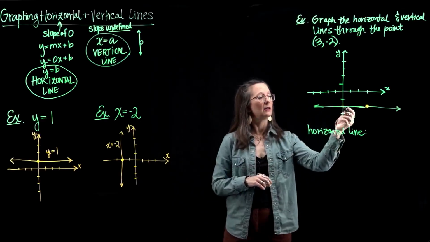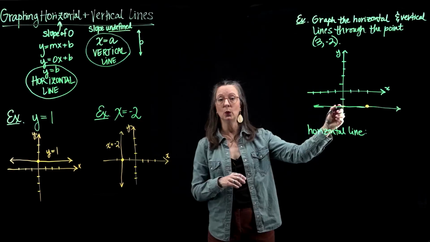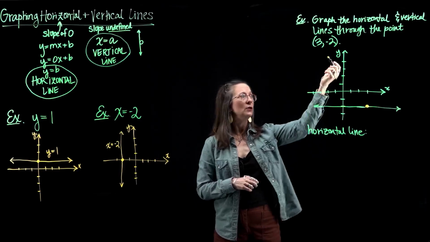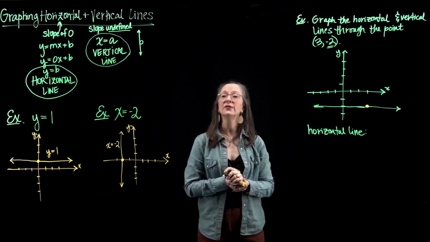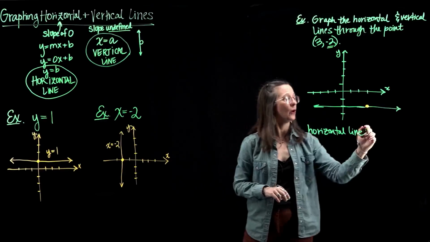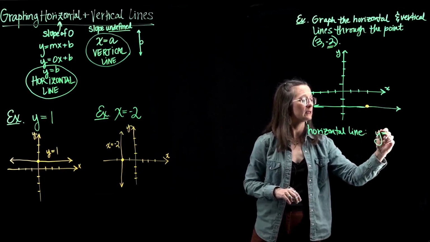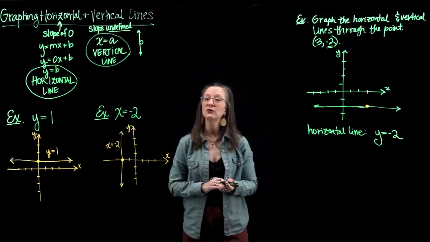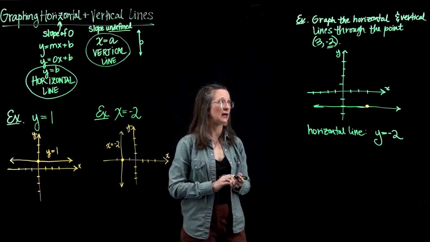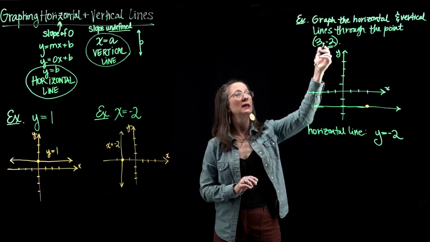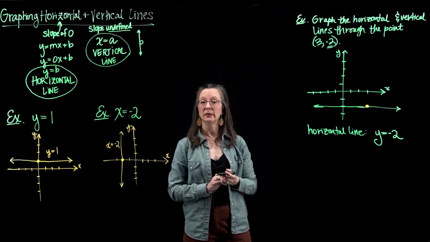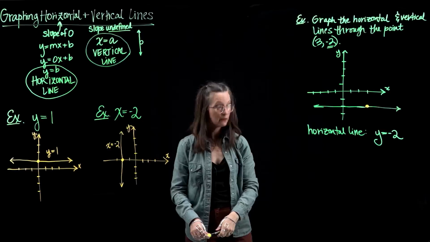I'd be able to tell that this is going to touch the y-axis at -2. Notice that the y-coordinate of the point is -2, and those connect on purpose. The horizontal line through that point is y equals -2. We know it's y equals because it's a horizontal line, and it refers back to the y part of that point.